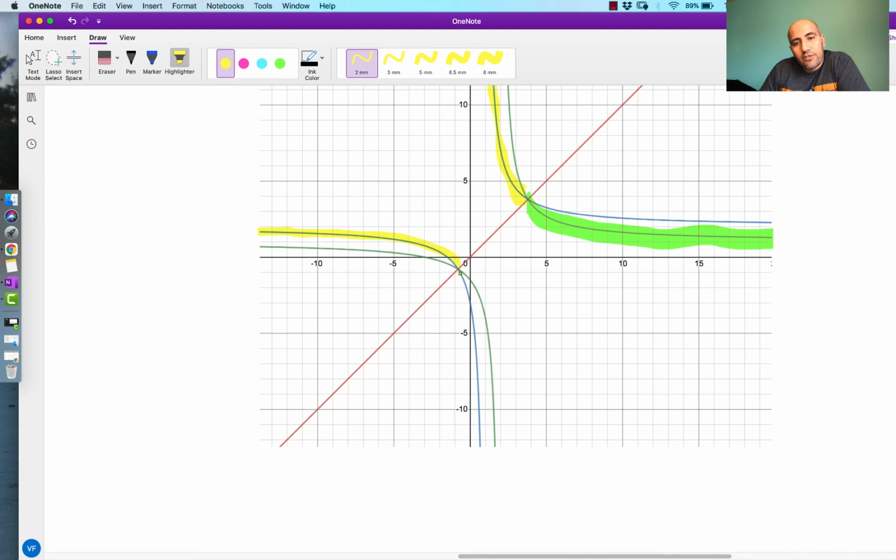Its mirror image would then be this portion of the green one, starting from here and then going up toward this way, right? So this portion of the blue and this portion of the blue are the ones that are like a mirror image portion of themselves. And then you do the same thing with the other part.